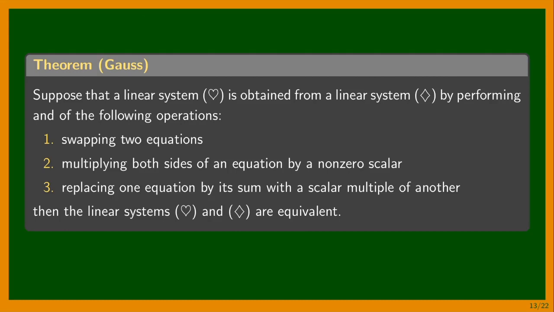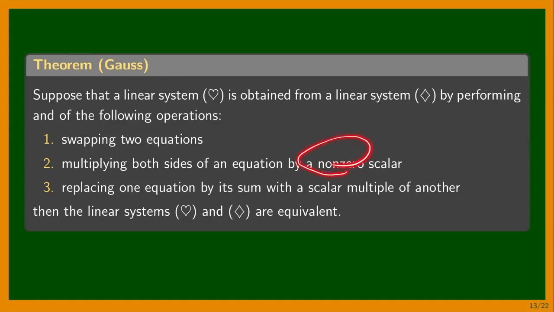Why non-zero? Because when you multiply by 0, you are taking away the equation's right to say anything. It becomes 0 equals 0, which is true. When there is a true statement in a conjunction, you can drop it. You are taking away its right to dictate anything about the solution. I mean, its condition is no longer considered. That's bad. So, we do not multiply by a zero scalar.